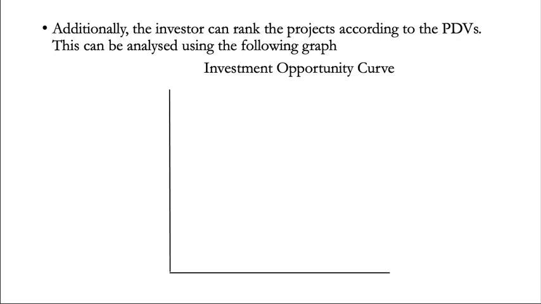So we can try to analyze this using a graph. So we have the investment opportunity graph here, or curve. So we have present discounted value here, and we have investment at time t. Alright, the investment opportunity curve behaves like the PPC that you learned.